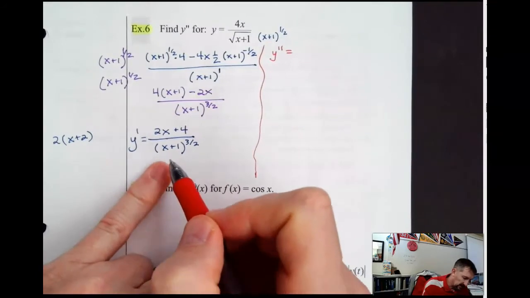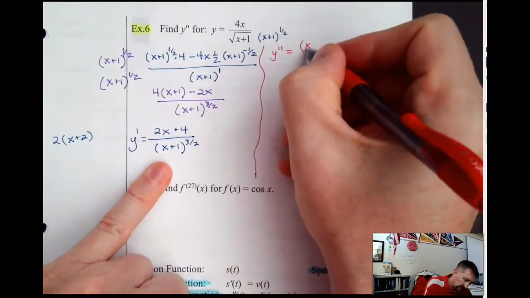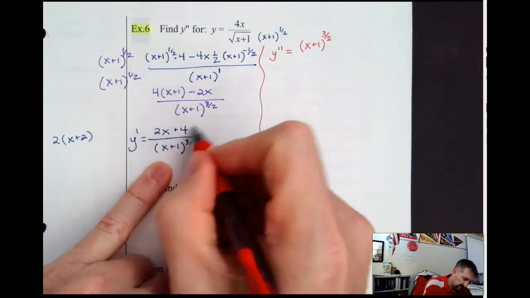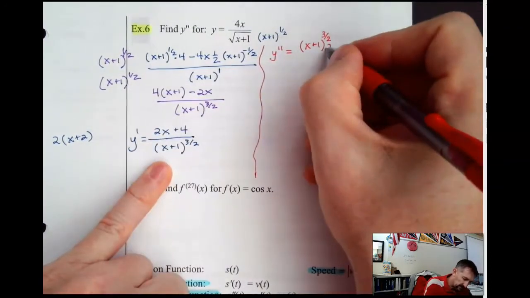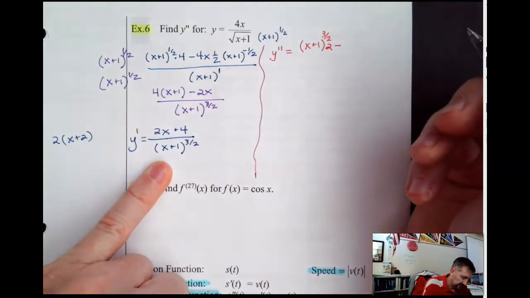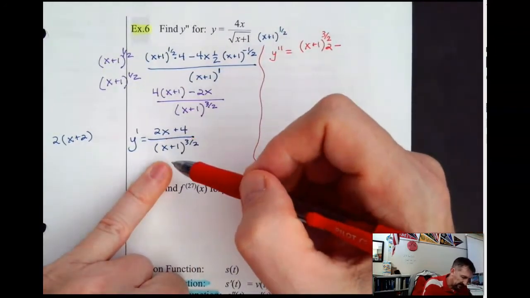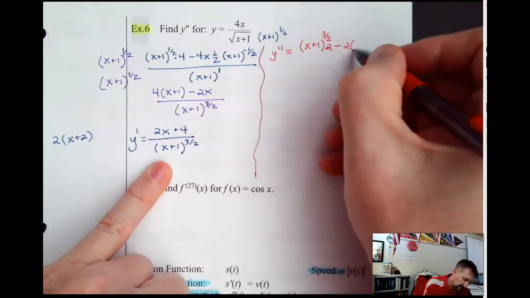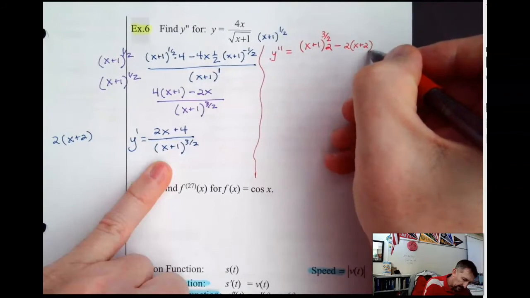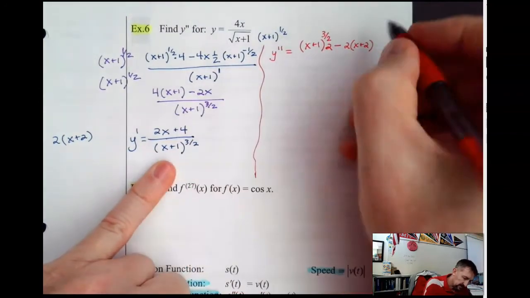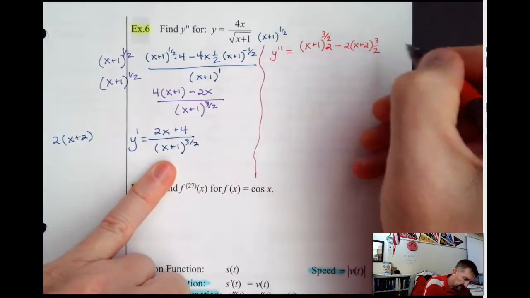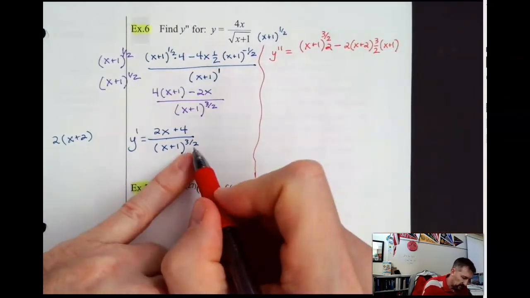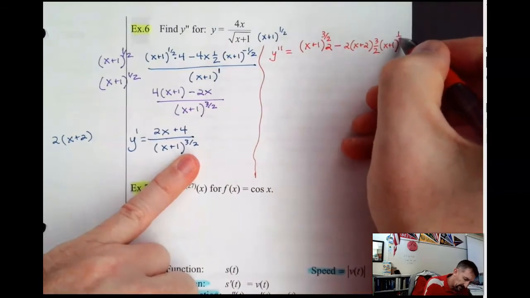So that's going to be low, which will be x plus 1 to the 3/2. D high. Well, the derivative of 4 is 0, so it's just going to be 2. Minus high d low. So for high, I think I'm going to use the factored version here. So d low is going to be 3/2 x plus 1, and you have to subtract 1 from that, so that's going to be 1/2.